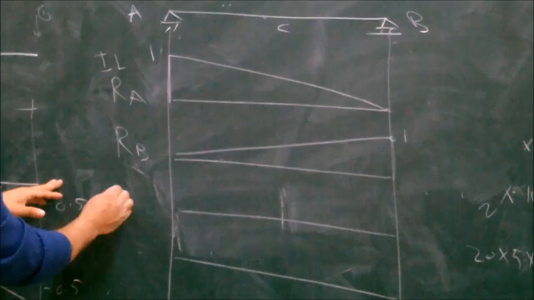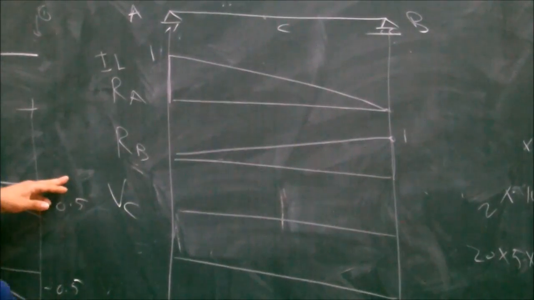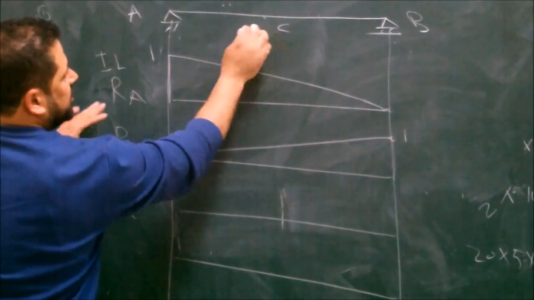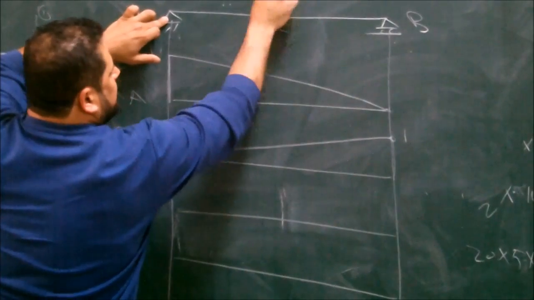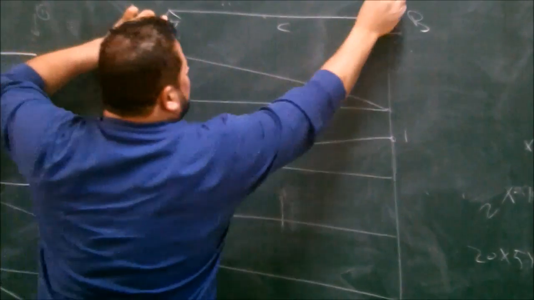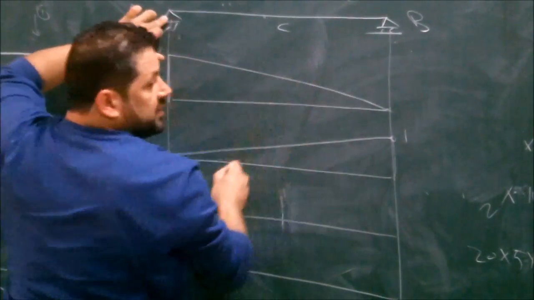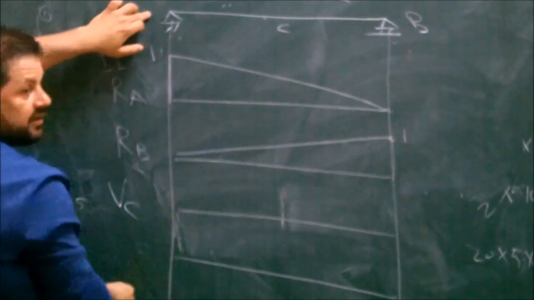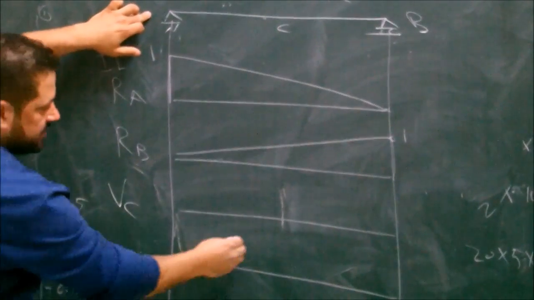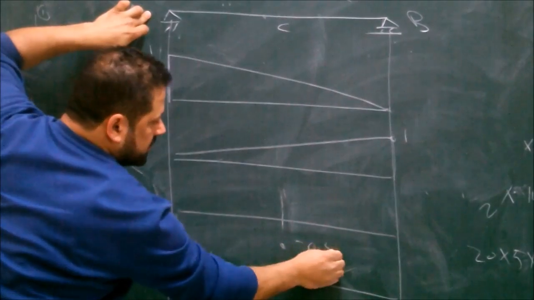So what's VC? I told you, this over the length. The length is L. So L over 2 over L, half.